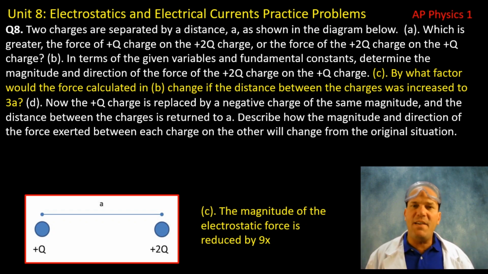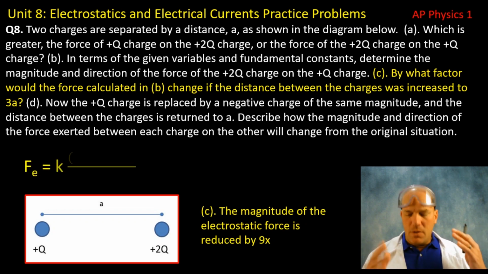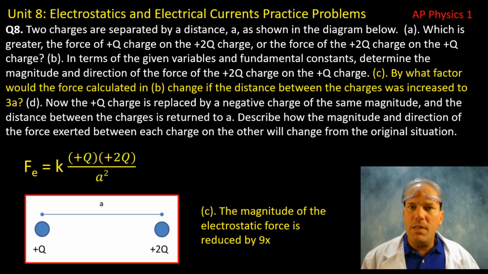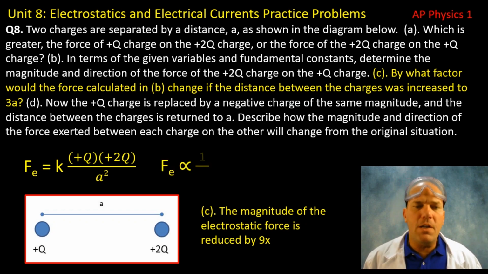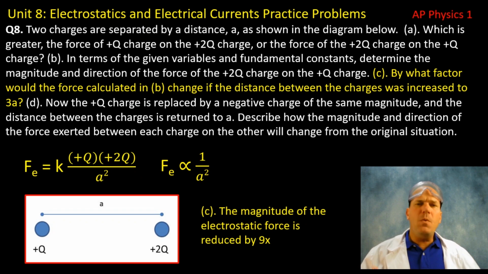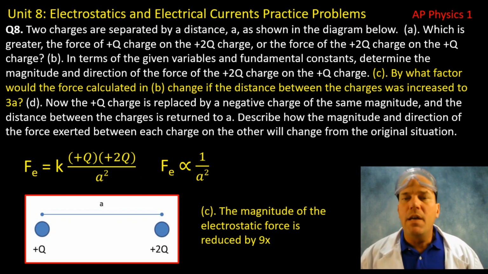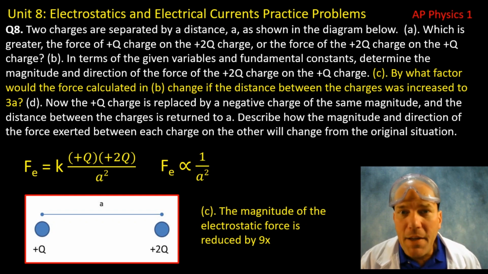This is an example of the inverse square law. When you look at Coulomb's law and the equation, that distance is in the denominator and it is squared. So if we were to say that this force is proportional to the inverse of the distance squared, that would be accurate.